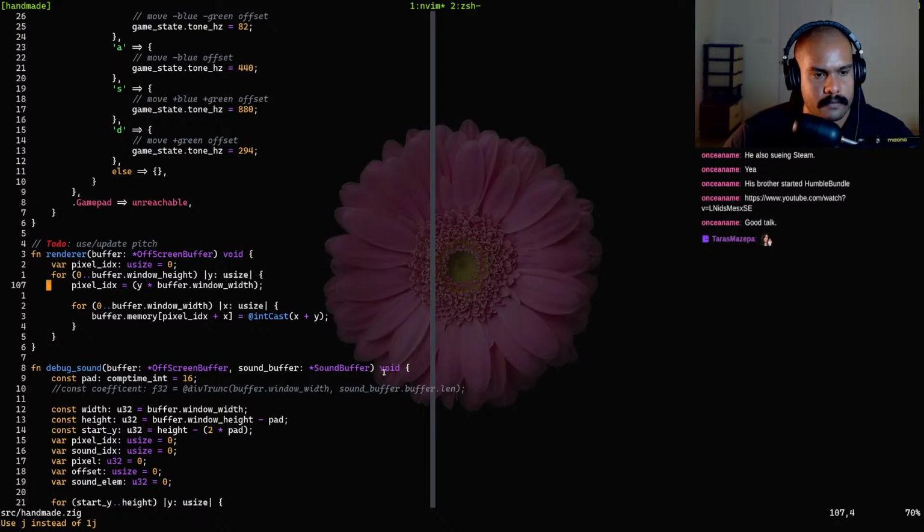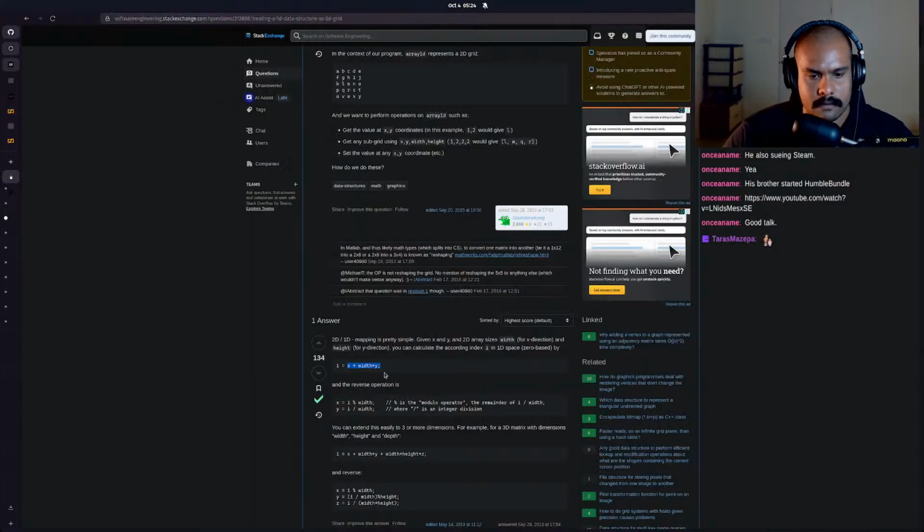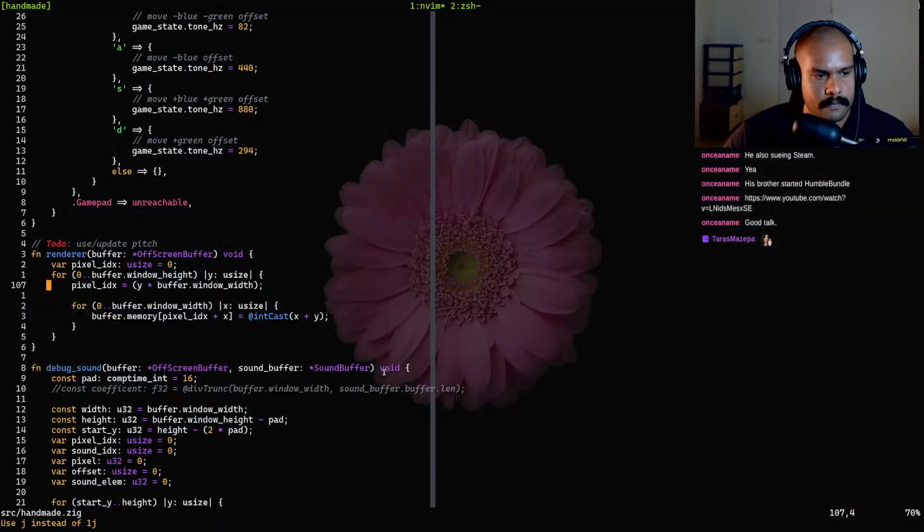Yep, y times window width and then plus x.